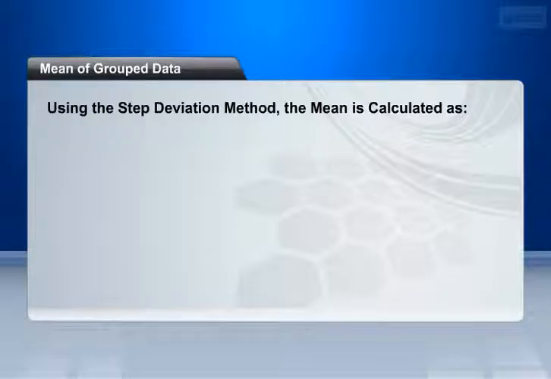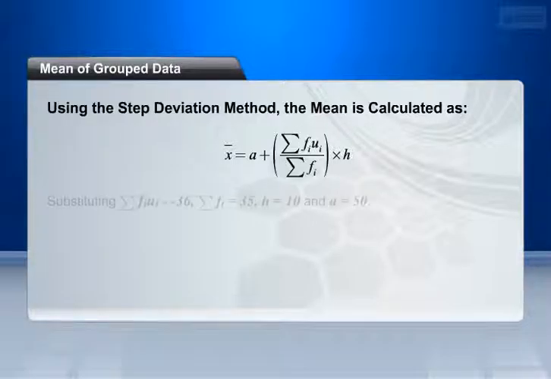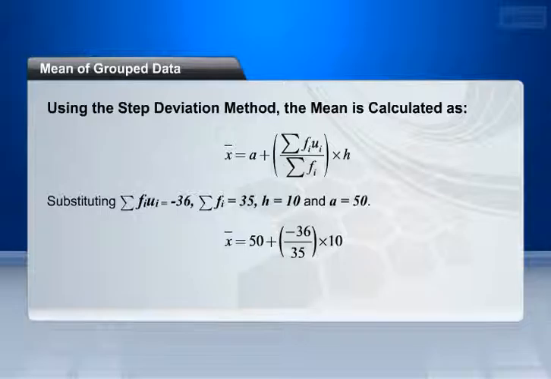Using the step deviation method, the mean is calculated as x bar equals A plus sigma fiui by sigma fi, into h. Substituting sigma fiui equals minus 36, sigma fi equals 35, h equals 10, and A equals 50, we have x bar equals 50 plus minus 36 by 35 into 10.